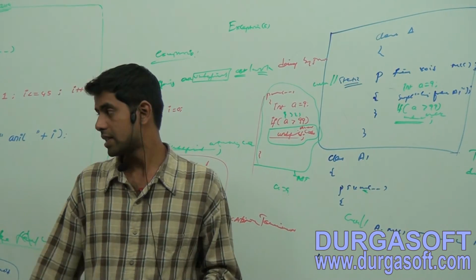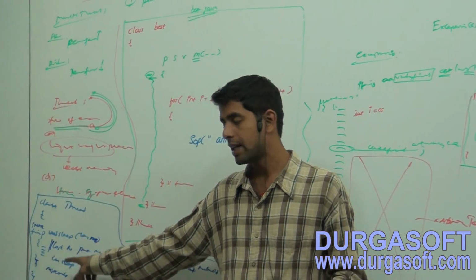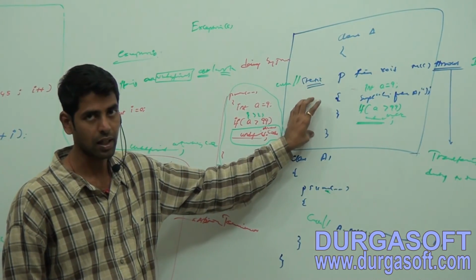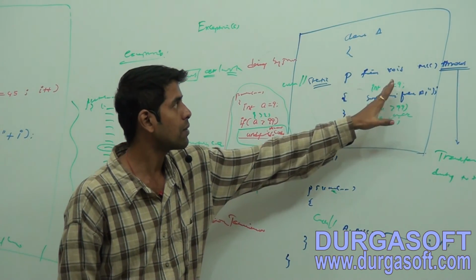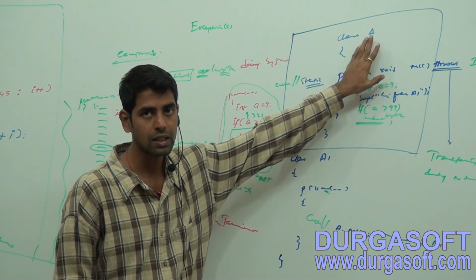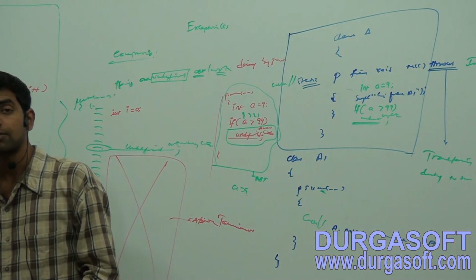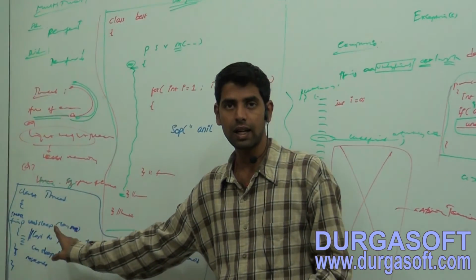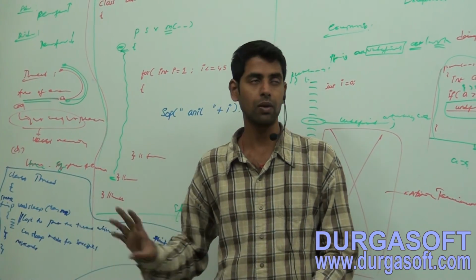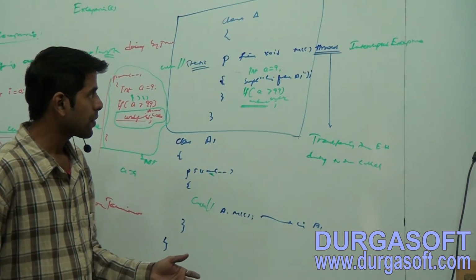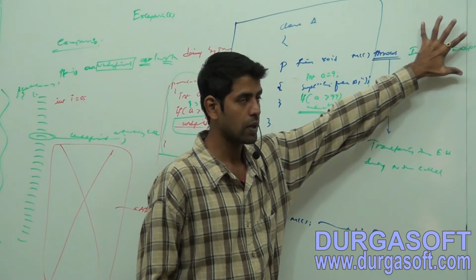In the same fashion, I can take one more method. Observe how a static method is available in our general class A. In the same fashion, the predefined Thread class also has a static method called sleep. Forget about this throws, we will come to it.